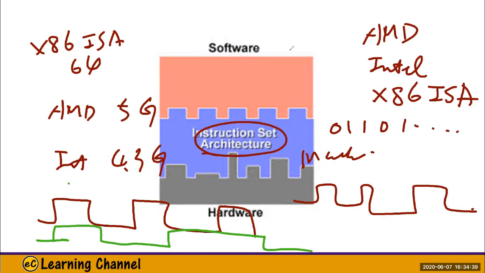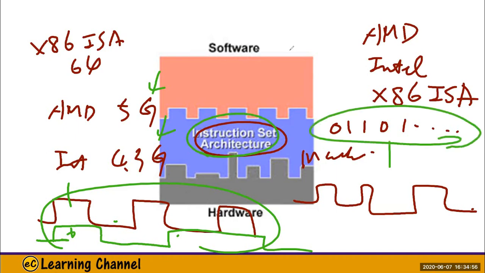But as long as your 0101 is the same sequence, two machines can run the same program. So this instruction set architecture is an interface between your software and hardware. You take the machine code, I convert it to waveform. The waveform may be of different clock, but it's okay. You can run it, I can run it.